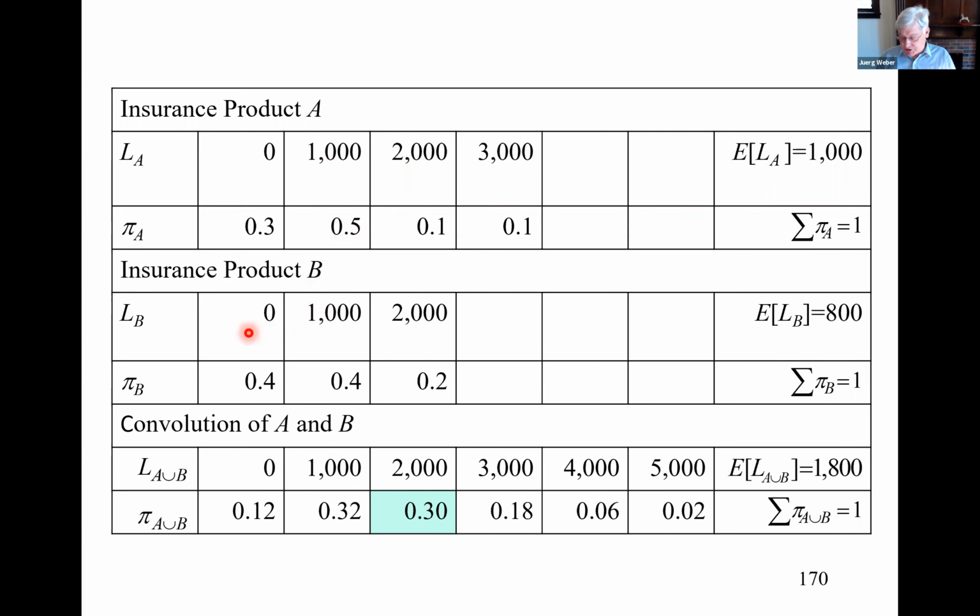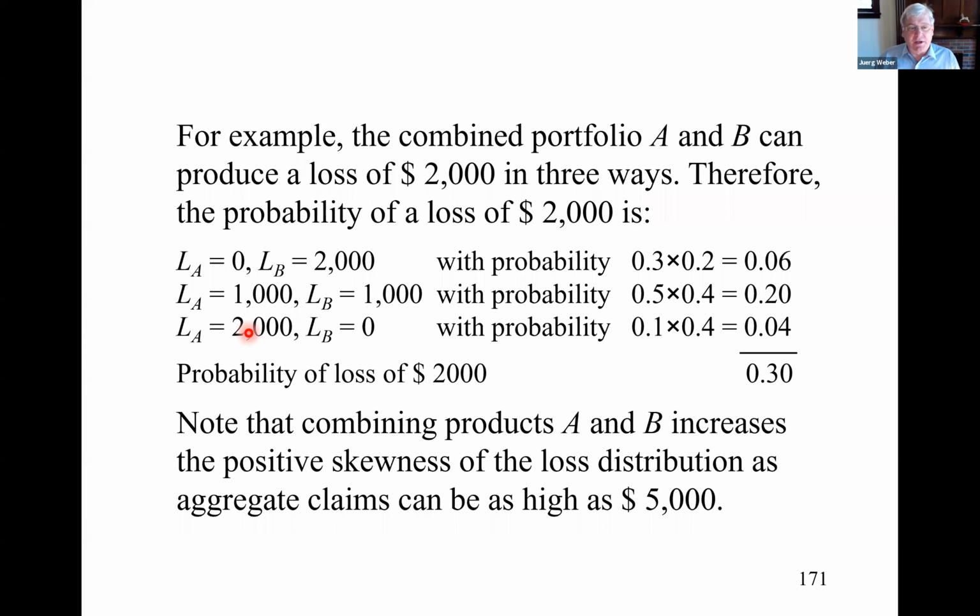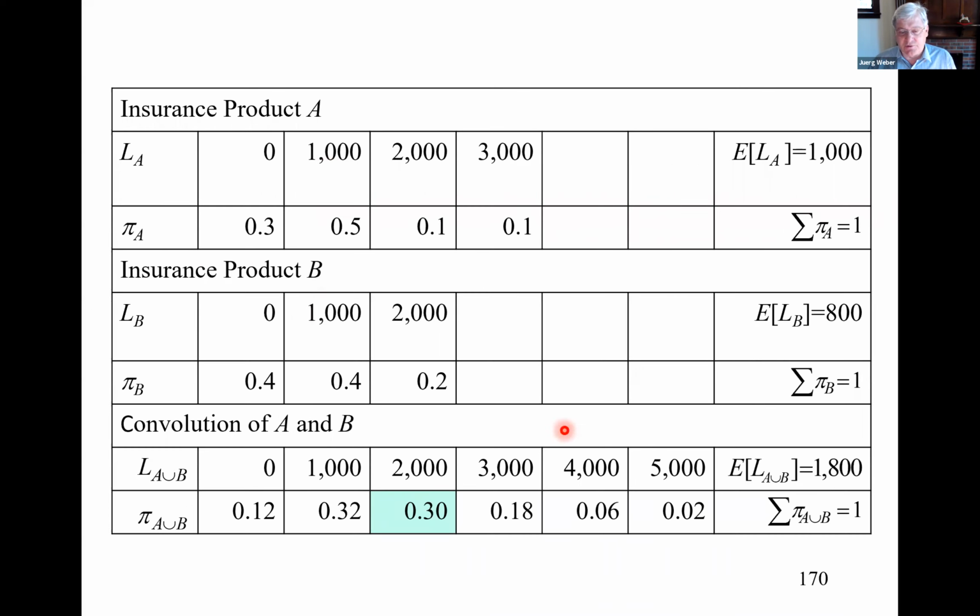So there are three possibilities here, and each of those possibilities has its probabilities. You can calculate those probabilities and add them up. So the loss of 2000 will happen with a chance of 30%. And similarly, you can calculate the other cells.